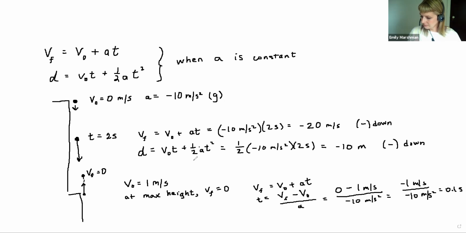And by the way, one more thing. If instead of throwing the ball upwards, we would have thrown the ball straight down, what would we have done? Well, we would then have an initial velocity. So throwing the ball down, in that case, we would have to denote the initial velocity with a negative sign.